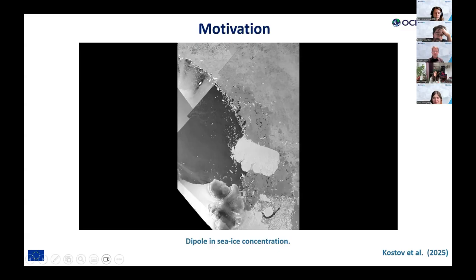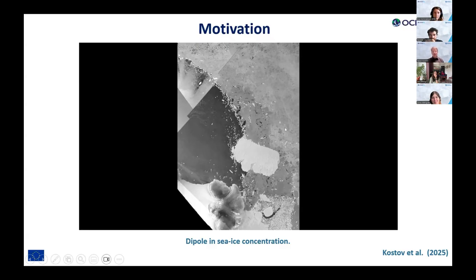The grounded icebergs lined up along the shallow Bear Ridge block the westward flow of sea ice, this grayish blur here, and they create this dipole in sea ice concentration, with much lower sea ice concentration in the western Amundsen Sea compared to the eastern side.